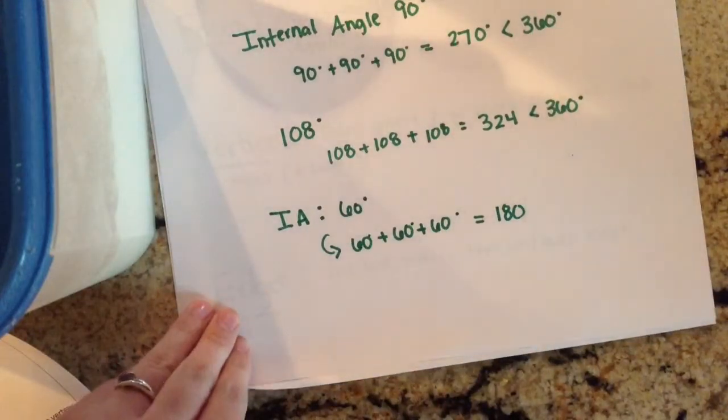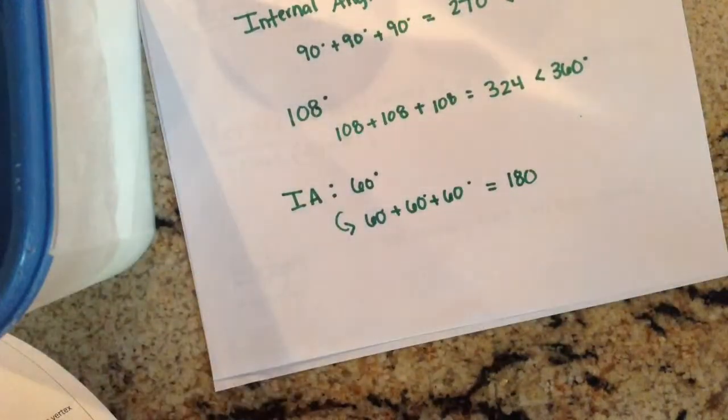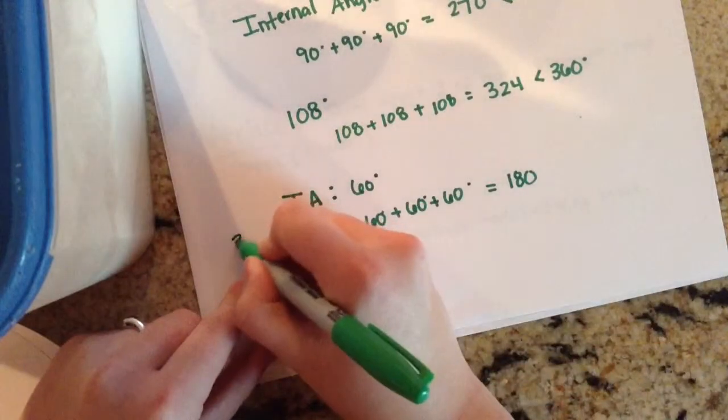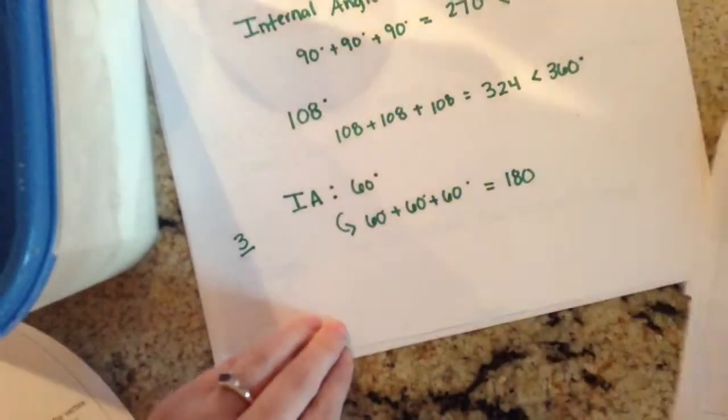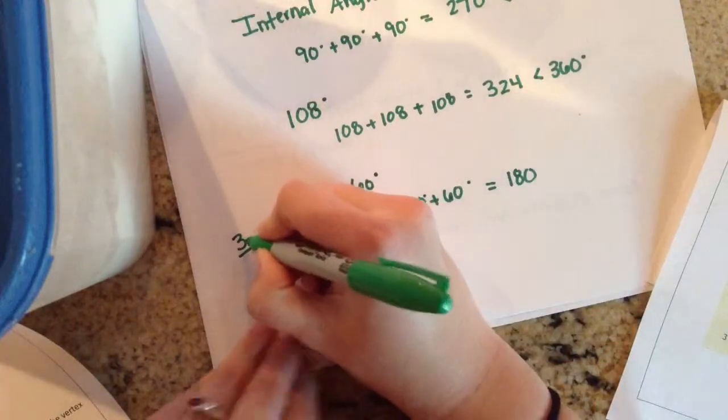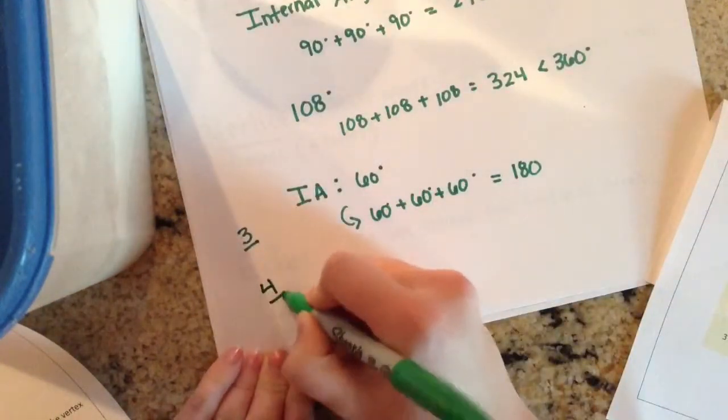This is the fun thing with triangles. This is when 3 of them meet, but we can also have 4 triangles meet and 5 triangles meet. Just to make sure, let's look. This is the 3 triangles meeting. Let's go down and do 4 triangles meeting.